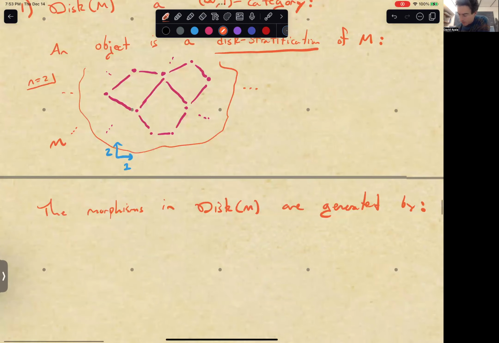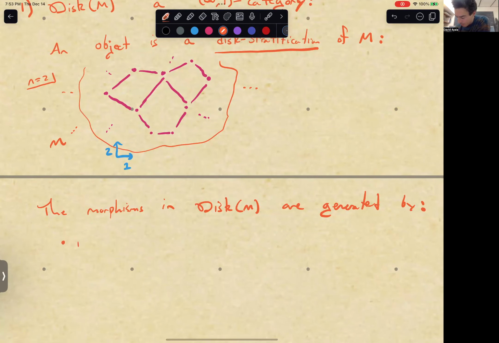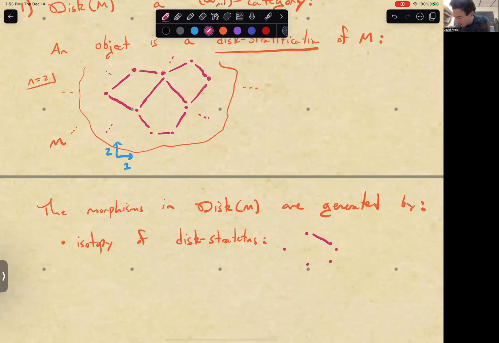So one type is just an isotopy of disk stratifications. So you might see a local picture that looks like this. And it just kind of might move, but the combinatorics of the stratification remain unchanged. So I just wiggled these dots around a little bit. The combinatorics did not change of that disk stratification.